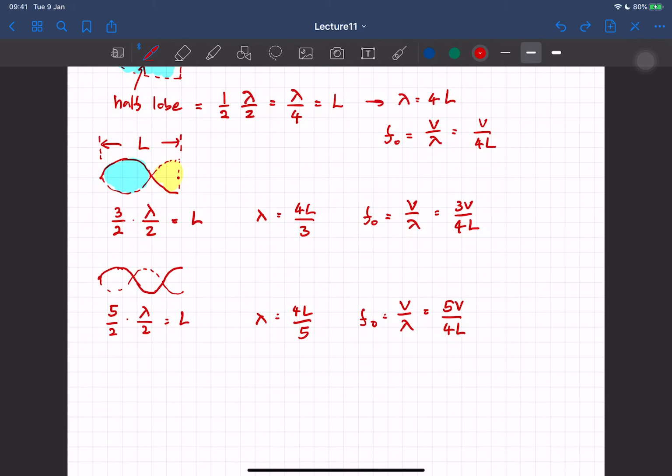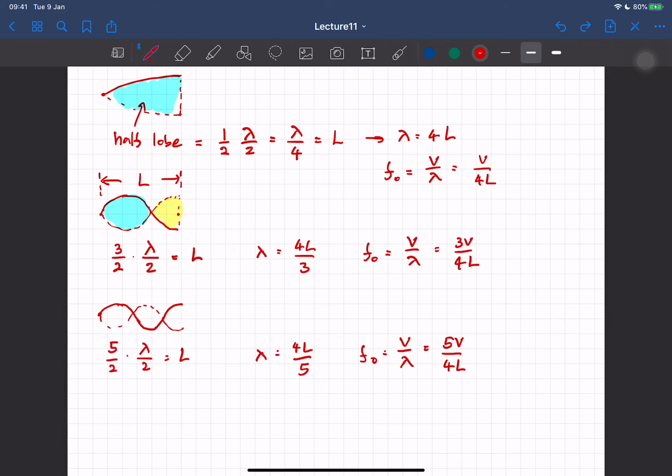Only one is fixed. You can see that the next frequency, which is this one, is not twice the fundamental frequency. It's actually 3 times. I shouldn't write f0 here because it's not. Sorry about that. It's gonna be 3 times f0. And the next one is 5 times f0, right?